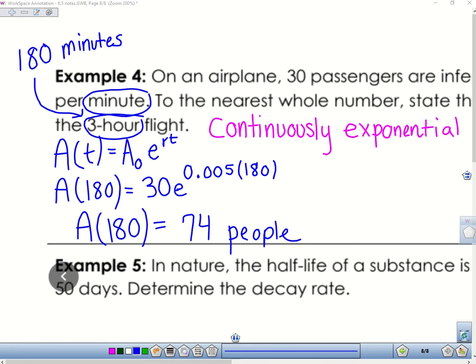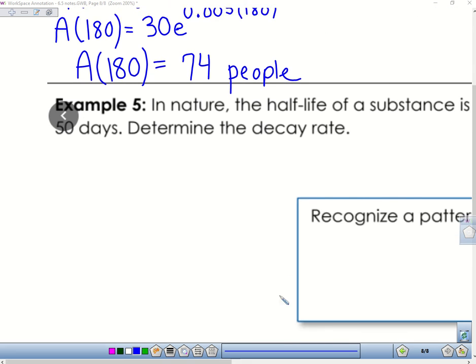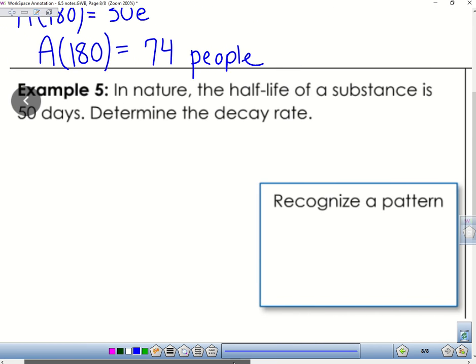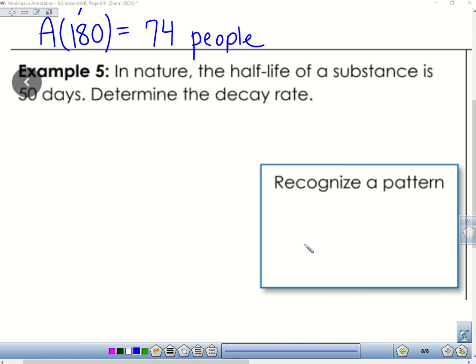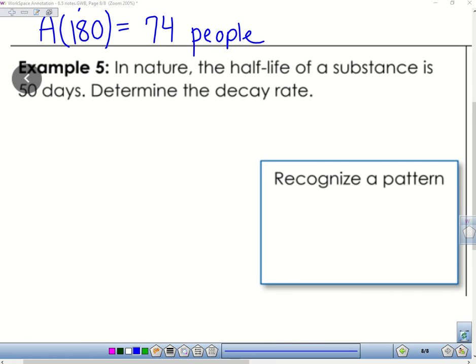Alright. So number 5 says, in nature, the half-life of a substance is 50 days, not 150 days. Determine the decay rate. Okay. So whenever we deal with something in nature, when you see the term in nature, this is another time that you use the continuous function.